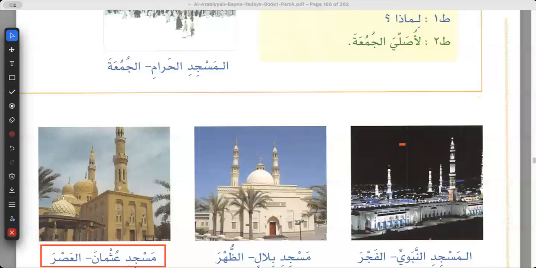Did you see the picture? Yes, I'm seeing the picture. I'm looking at it in my book and phone. You see Masjid Uthman? Yes. And Al-Asra? Yes, that's where we are. So I'm asking, where are you going? Then you respond using Masjid Uthman. So how will you say I'm going to Masjid Uthman? Is the response that is my problem? You said to respond is your problem? But you are responding.